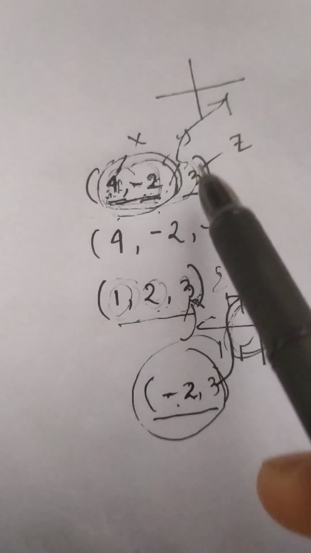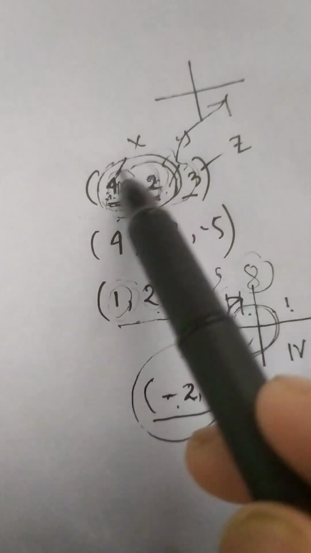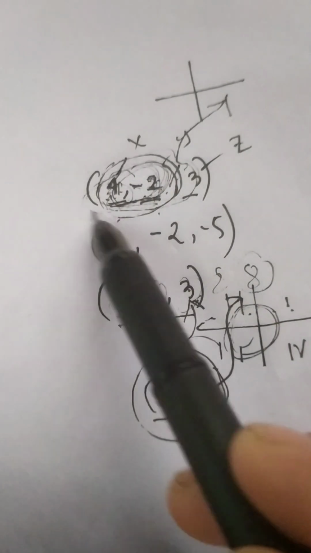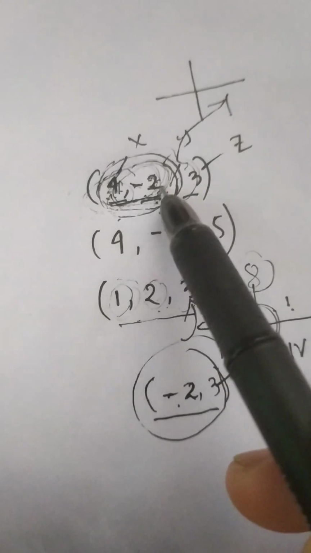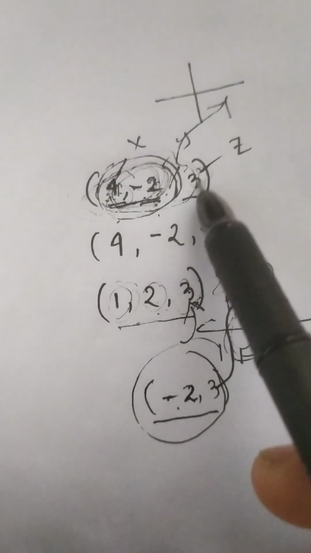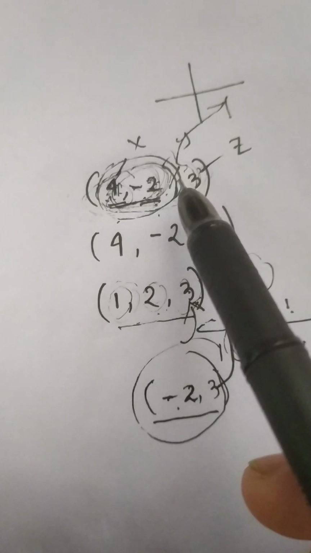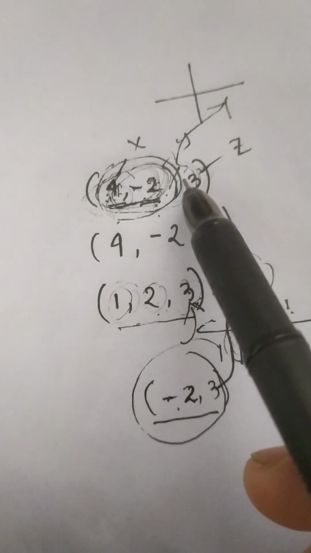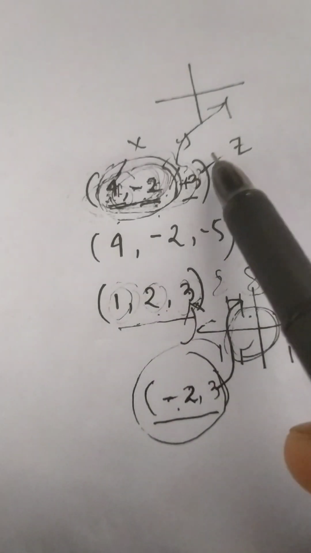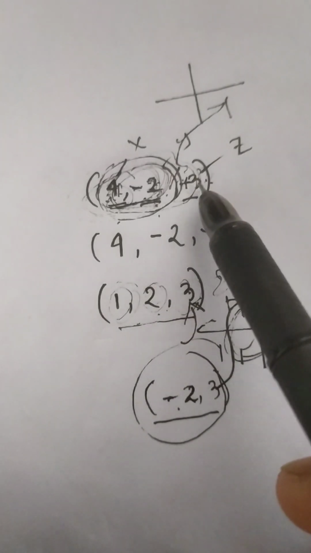After checking the quadrant of the x and y coordinates, we check the sign of the third coordinate, z. Here the sign of z, which is 3, is plus.